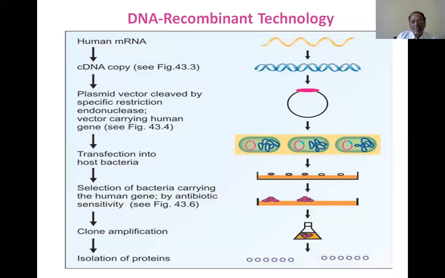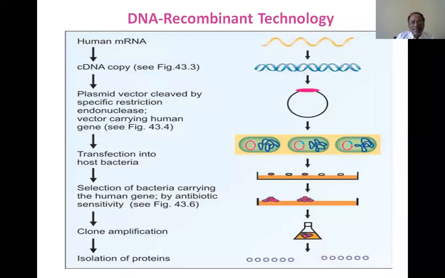Imagine the example of growth hormone. Where do you get growth hormone? The pituitary. Unfortunately, pituitaries from animal sources are least capable of eliciting the effect on human beings.